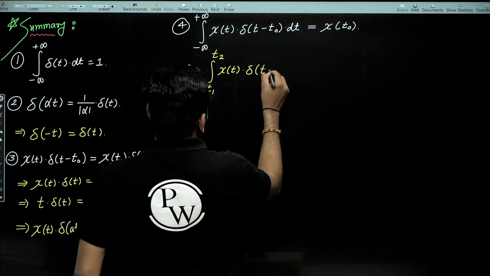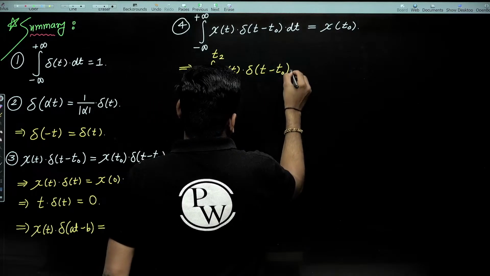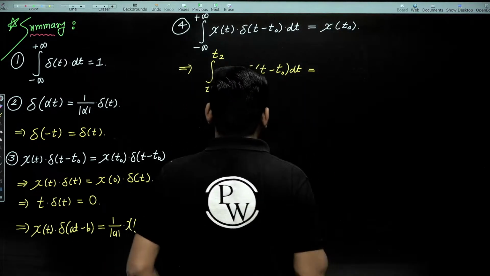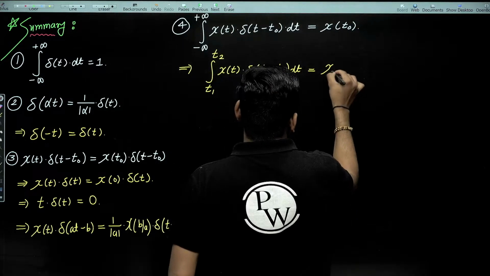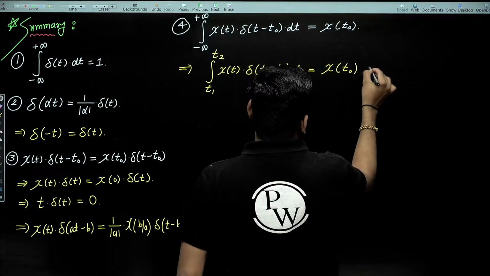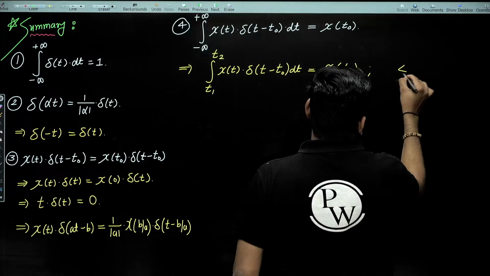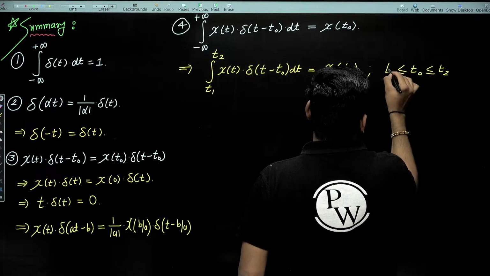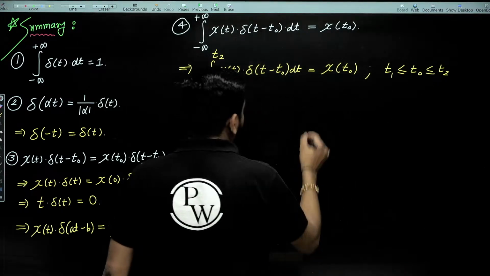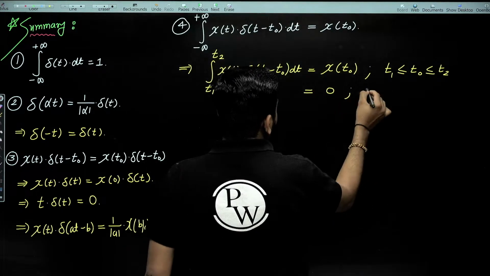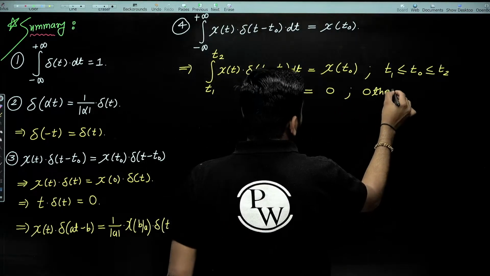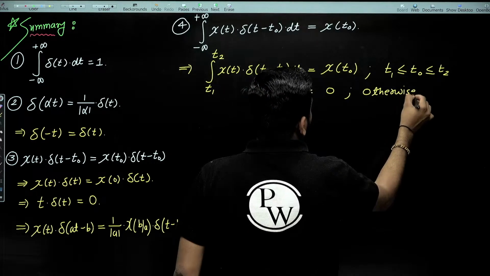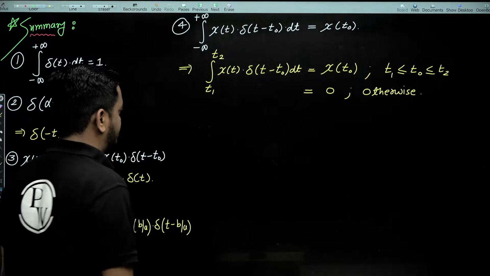The integral of del T minus T naught dt again has answer x of T naught, but only if this shift lies between the given integration limits. If T naught lies between the given integration limits, the answer is x of T naught. Otherwise, if it is outside the integration limits, then the answer would be 0.